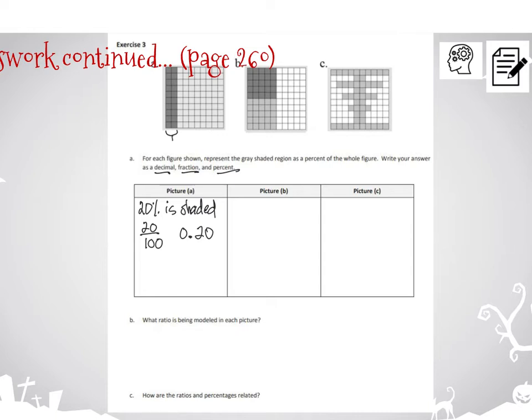Now let's look at B. So B, I've got 2 different shaded parts, but that's 5, 10, 15, 20, 25. So I could talk about the darkest shade. I could say 25 hundredths, or 25%.